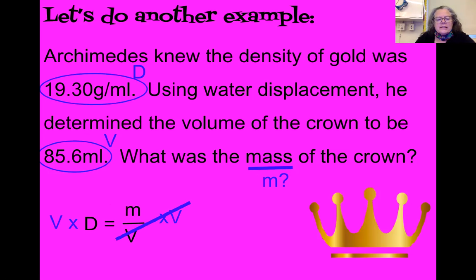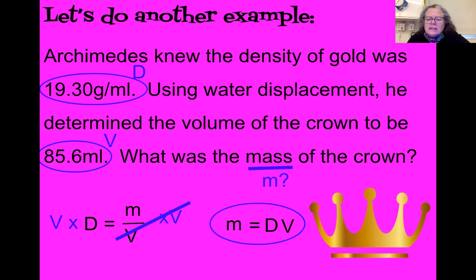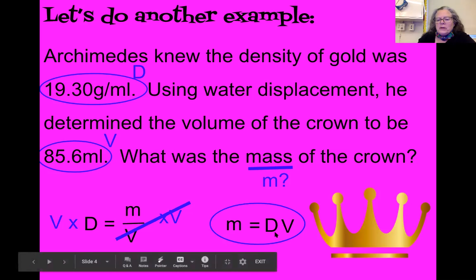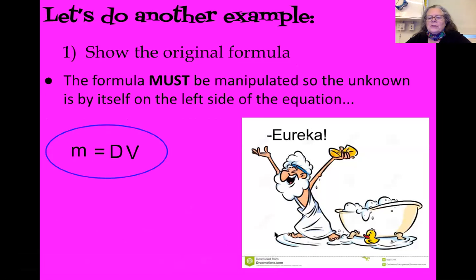The V on the right cancels, but now I'm writing it so that the M is by itself on the left. So M is equal to D times V. You could put V times D. It doesn't really matter. So this is the formula that I'm going to start with. Okay. So there's Archimedes being very excited.